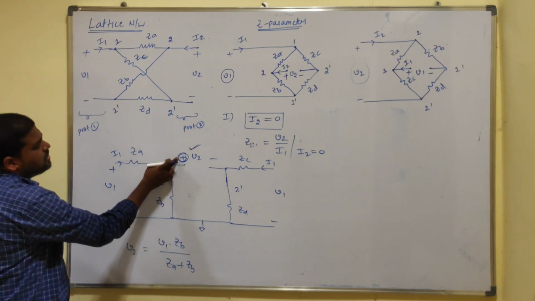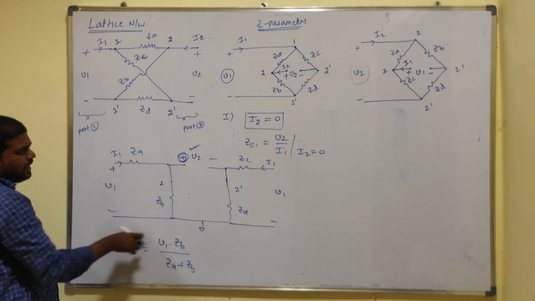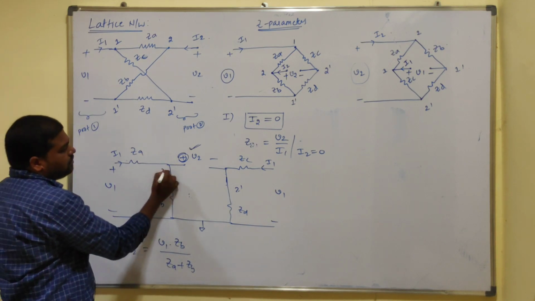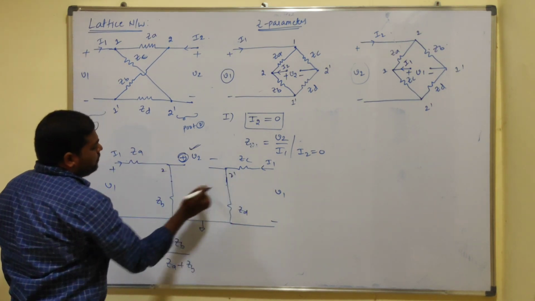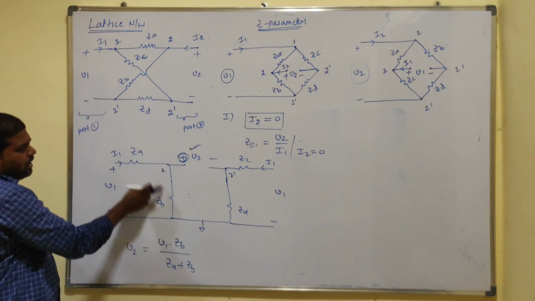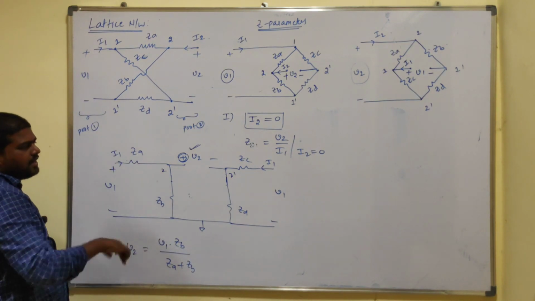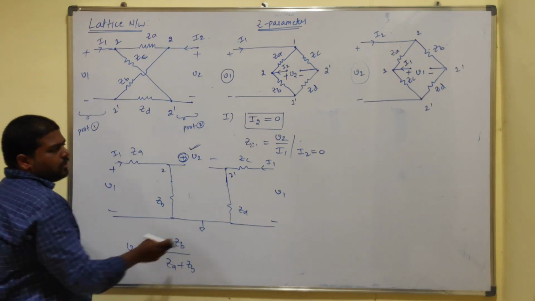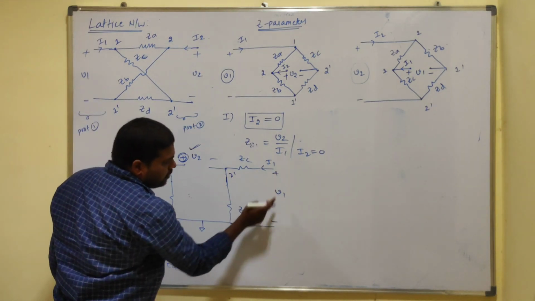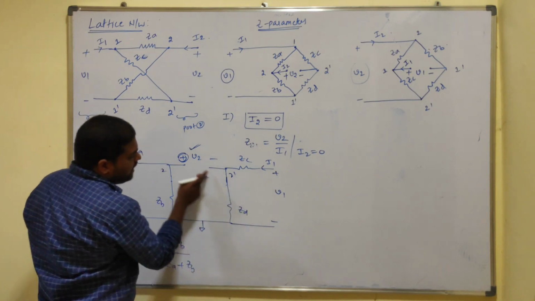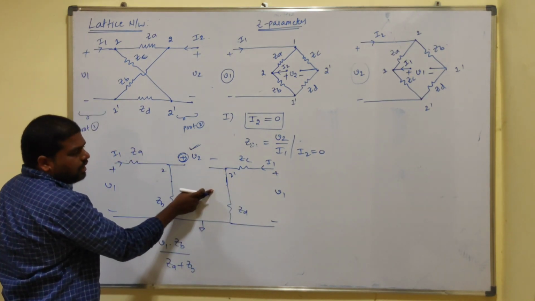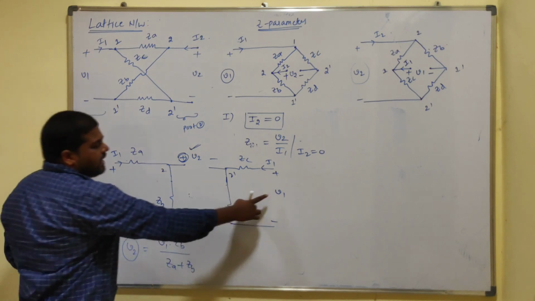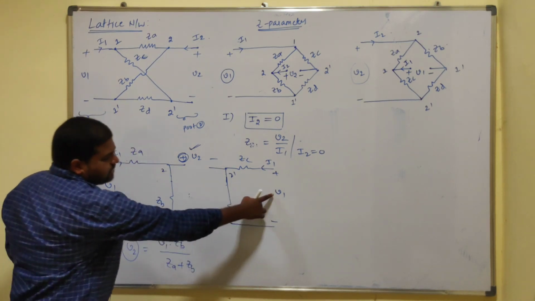Why? Because this positive is assigned with this entire network, so that is the voltage drop across this particular resistance, into ZB by the total impedance of this part, right? Next, in the same way, the negative terminal can be assigned with this network. Here we have positive to negative V1, but here negative V2, right? Already here I am considering positive V2, so I will take plus V1, so minus V1 here.